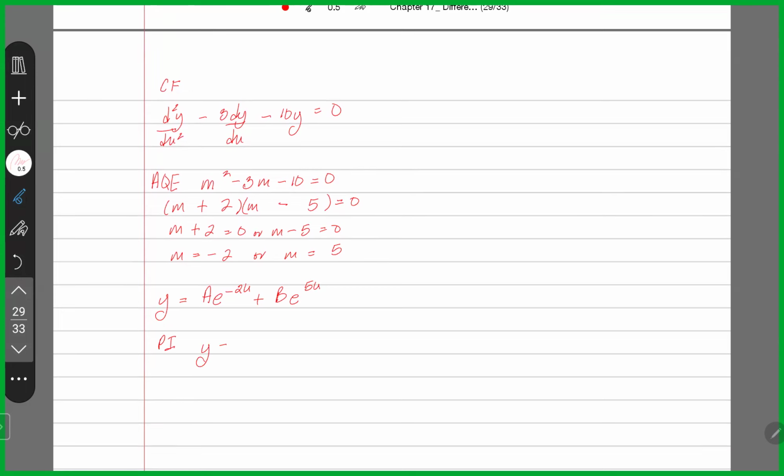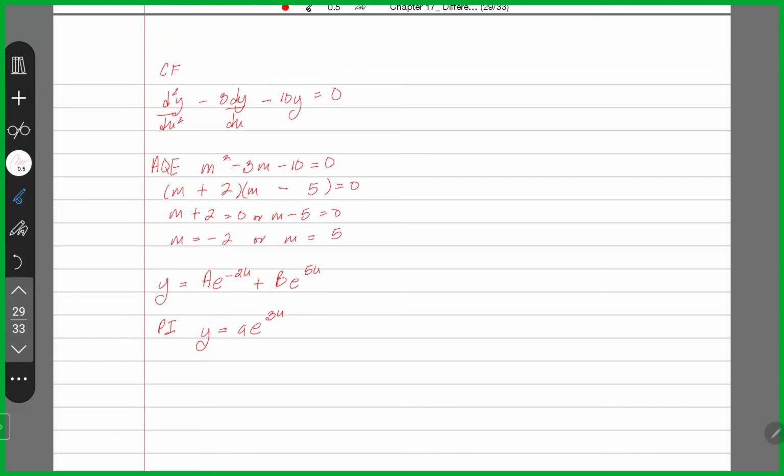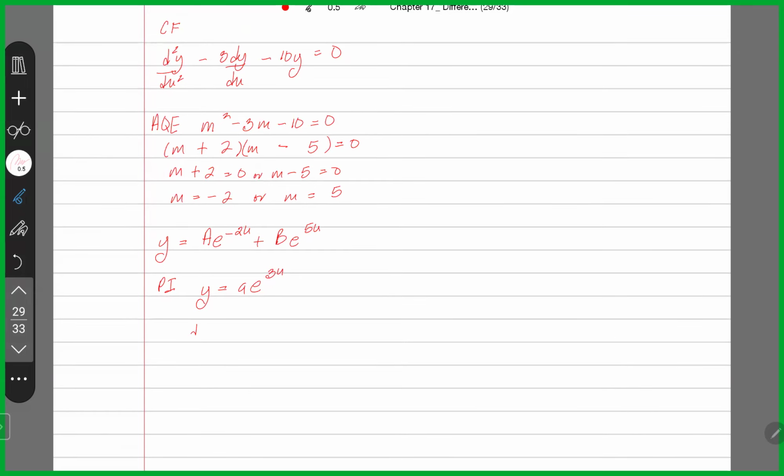Y is of the same form as f of x, or in this case, f of u, which is a e to the 3u. Dy by du is equal to 3a e to the 3u. And d2y by du squared is equal to 9a e to the 3u.